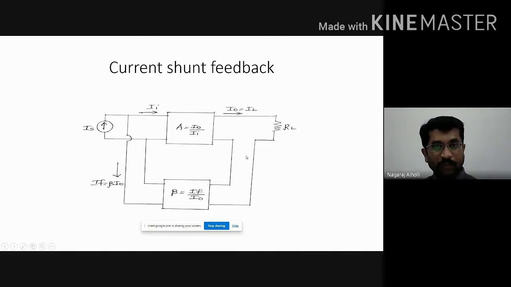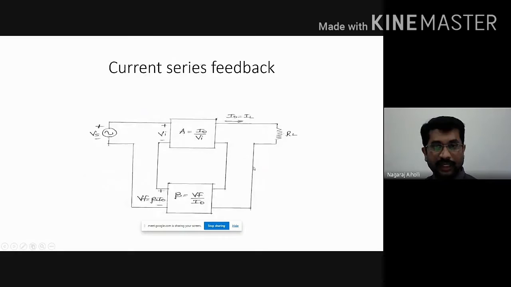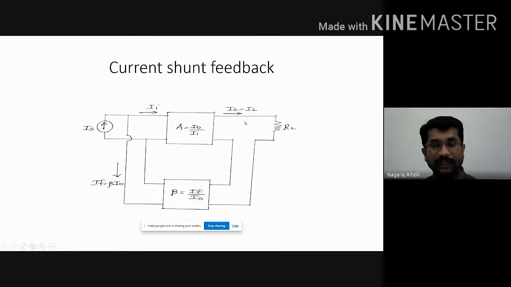Now what is the difference between voltage shunt and current shunt feedback? In voltage shunt, the output collected from the amplifier for feedback is voltage. Then in current shunt we are tapping the current from the output of the amplifier. This is the difference.